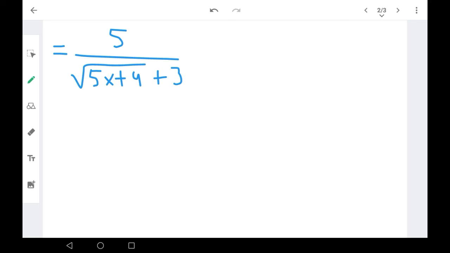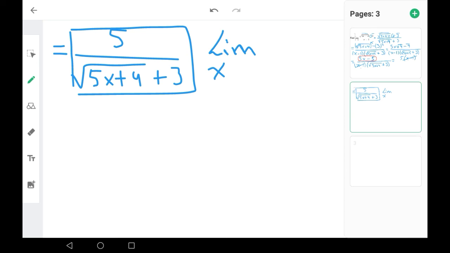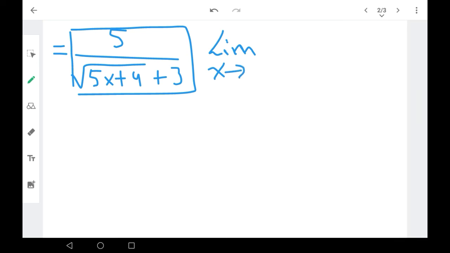Now I can do the plugging in of the limit that I had before. So now that I changed my expression to this one, I can rewrite the limit as x approaches 1 of this expression, that is the factored expression of the one that we had at the beginning.